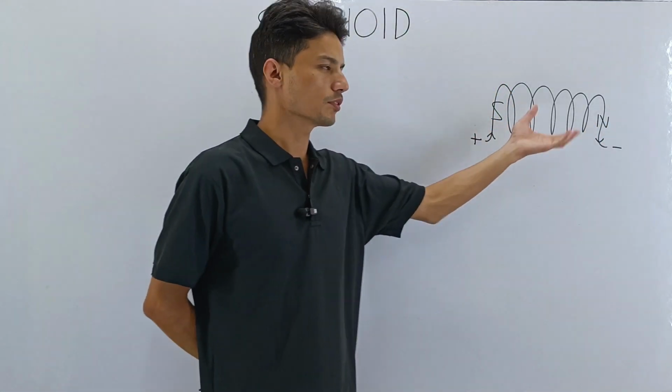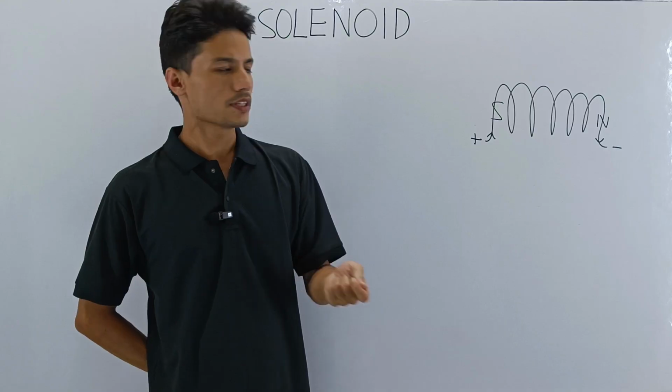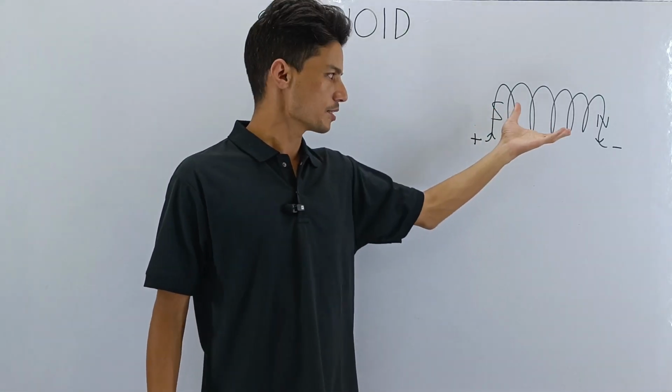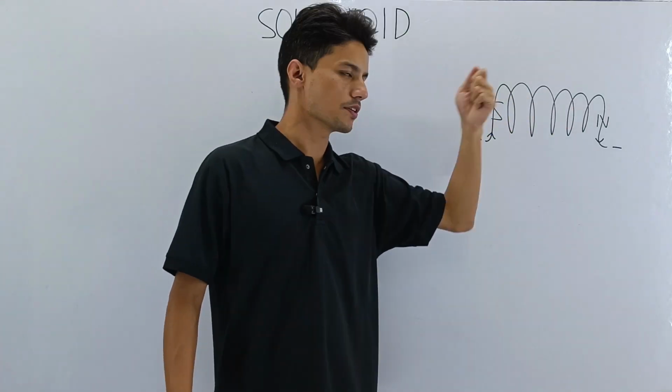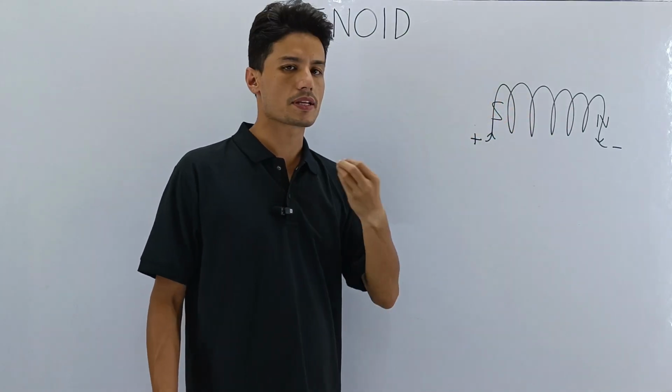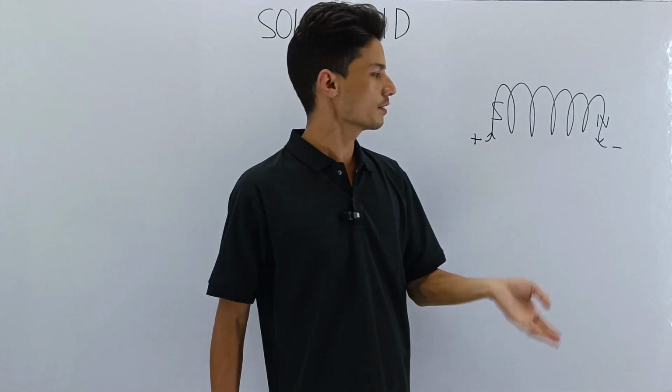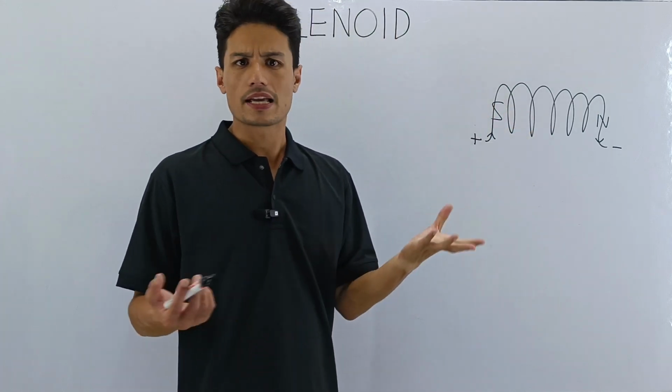Since we have south and north poles, a magnetic field will be produced, and this behaves like a bar magnet, or this gets magnetic properties. Magnetic field lines are generated, and that's how a solenoid behaves like a magnet. It can be a bar magnet, it can be a horseshoe magnet. It will behave like any type of magnet.